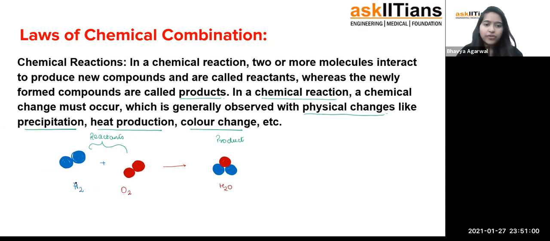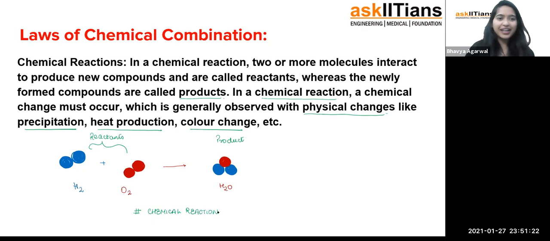So reactants give you product, and the way by which we depict it is known as a chemical reaction. Right? I hope this part is clear up till here. Yes, good to know that. So now let's proceed further.